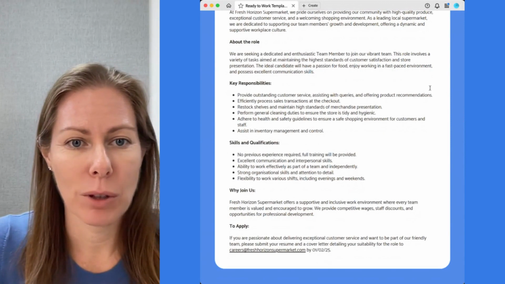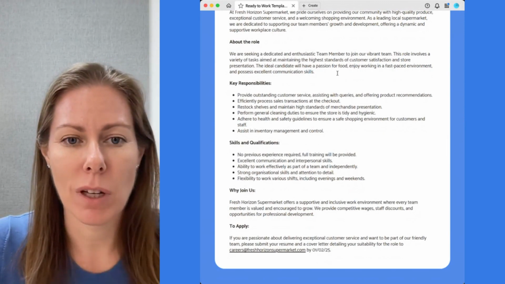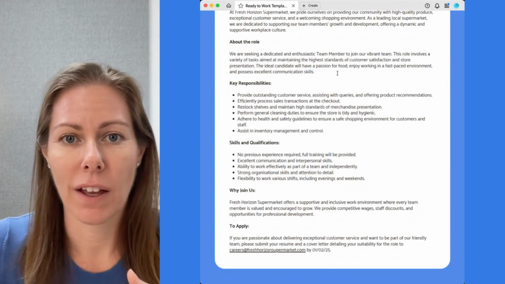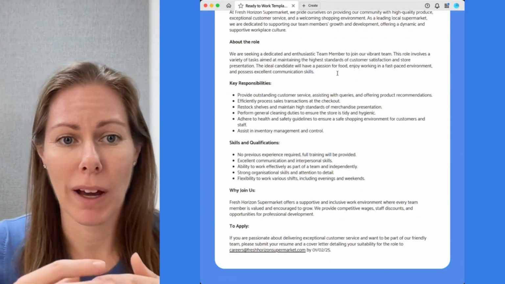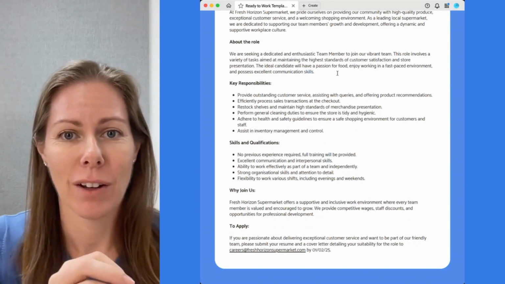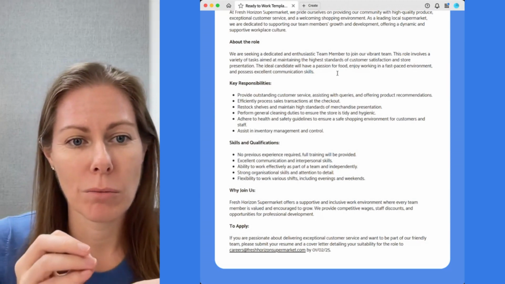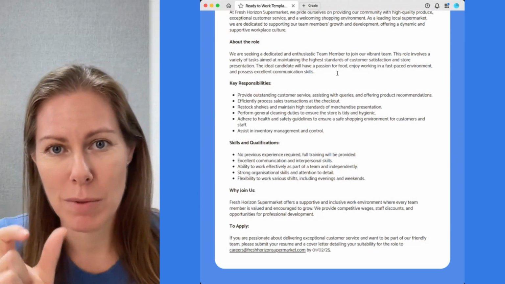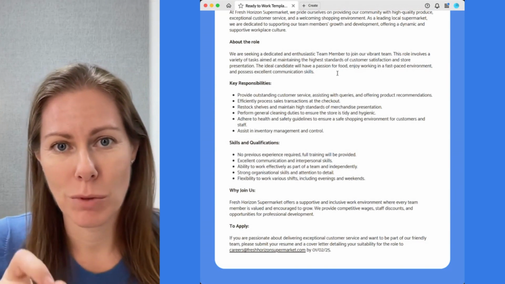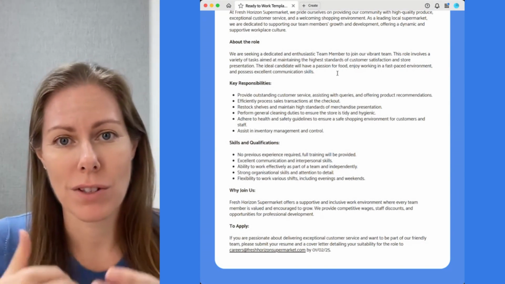The other thing we can talk about is that sometimes they will use words that, for example, like they'll talk about teamwork. Other people will refer to teamwork as collaboration. You're wanting to make sure that you're using the specific term they've used in their job description if you're talking about those things in your resume.